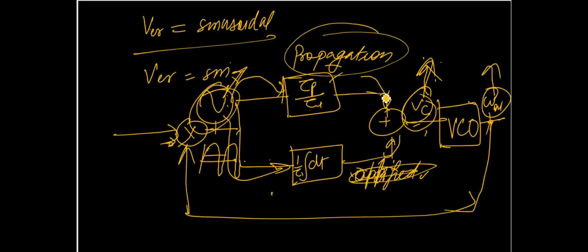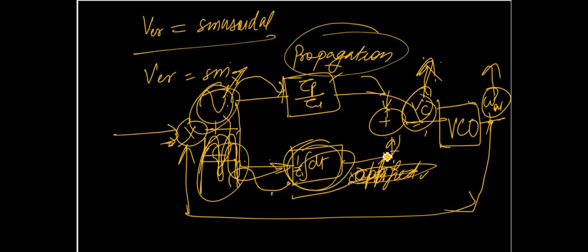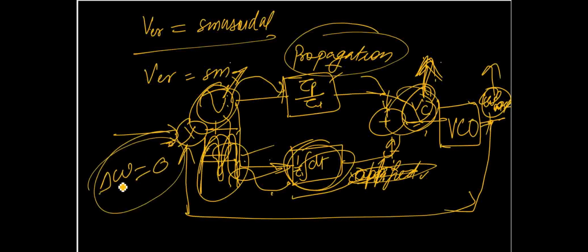So it won't be 0, and after some time you will get an asymmetric sinusoidal signal, which will go through the integrator and you will get a highly amplified version of this DC value. We'll get a high VC, your omega out can be high enough, and your frequency error can be equal to 0.